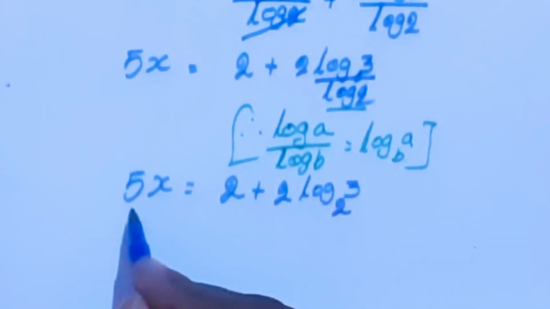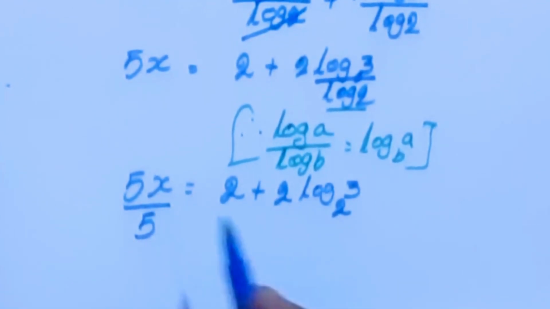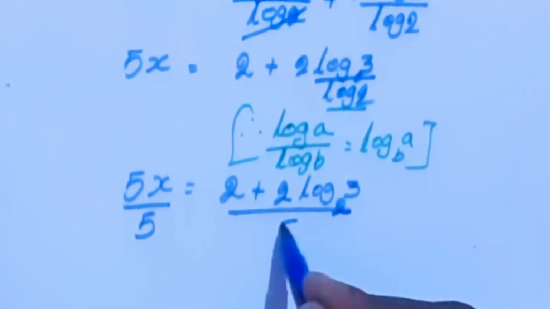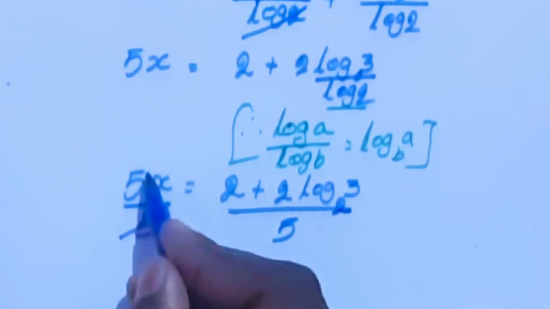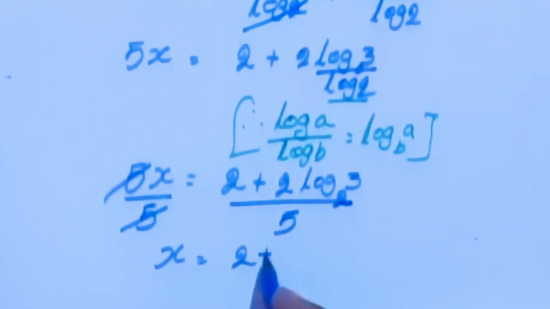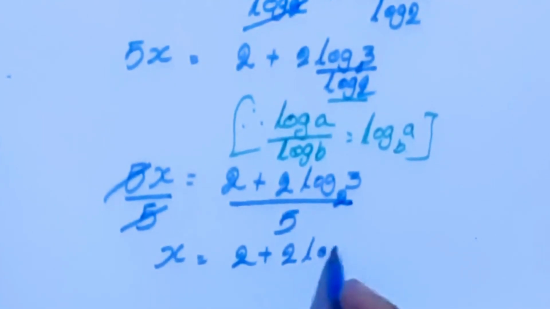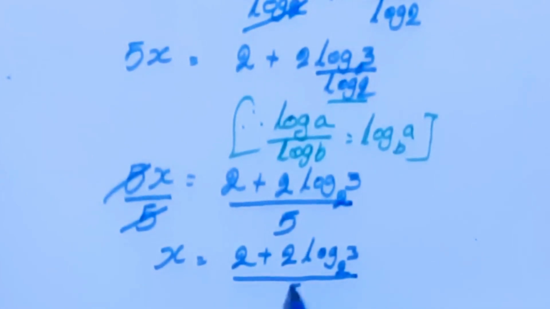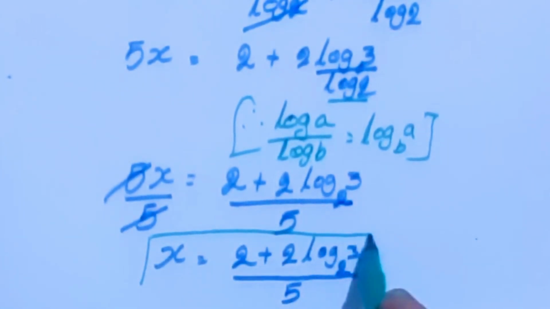Now we are going to divide by 5 on both sides. So 5 here. Now this 5 cancels this. So I have x equal to (2 plus 2 log 3 base 2) whole divided by 5. This is the x value.